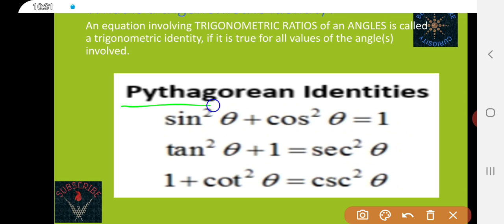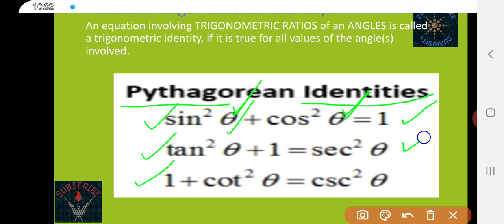See, these equations are called Pythagorean identities. Here theta is the angle, so theta is the variable. For all values of theta, this equation is satisfied, this equation is satisfied, this equation is satisfied.